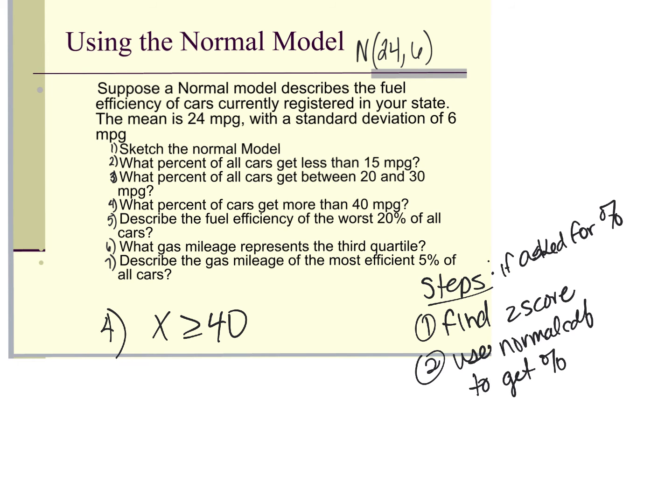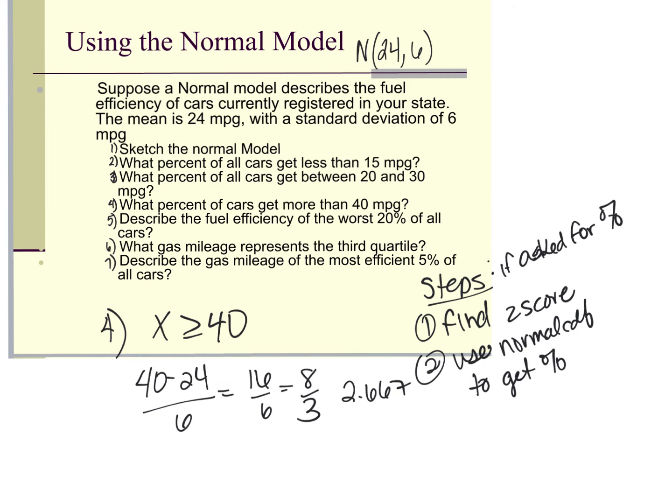When we calculate this z-score, we get 40 minus 24 over 6, which is 16 over 6, which reduces to 8/3. That's 2.667. Okay? Again, I'm seeing you round that to 2.6.